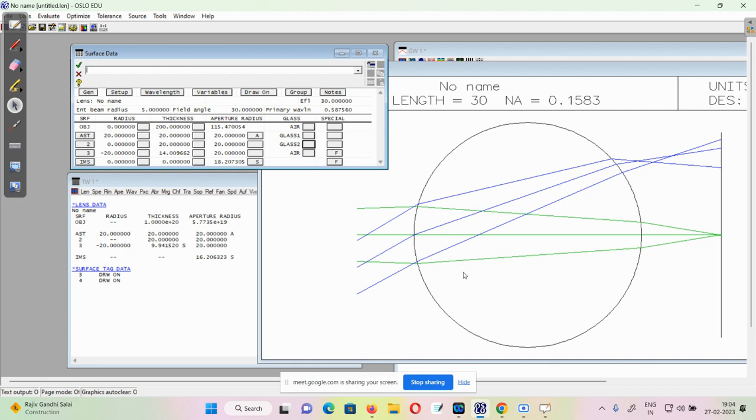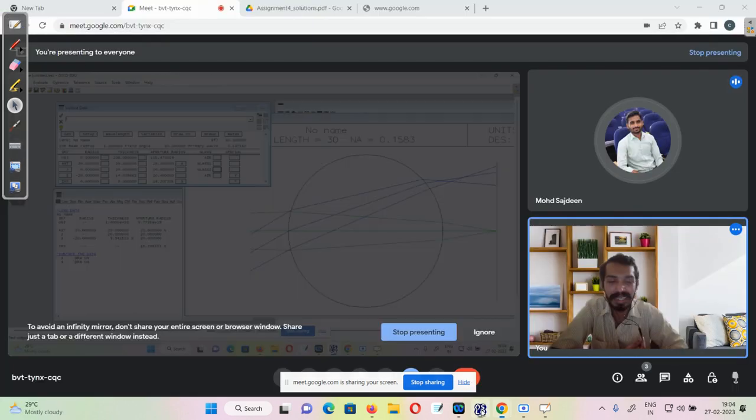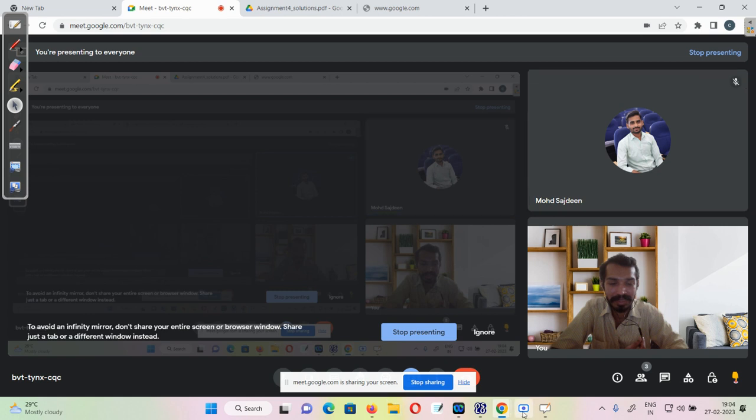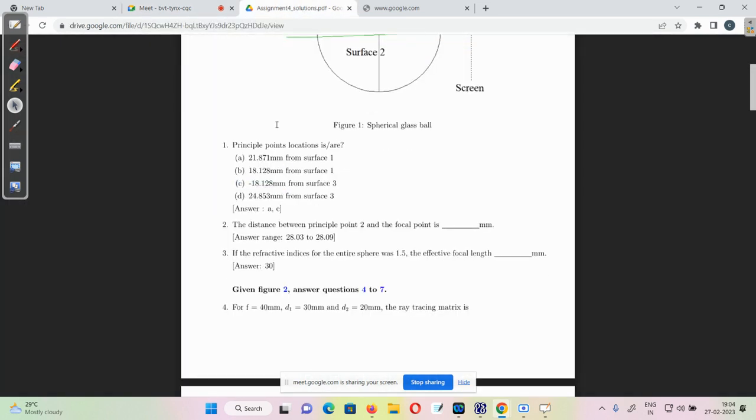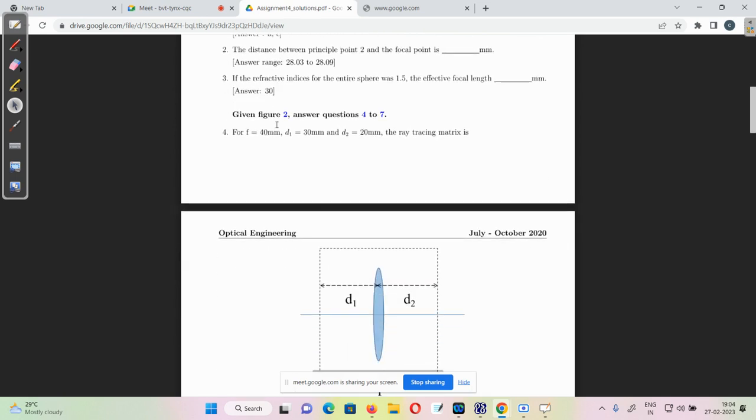Before that also, people were directly taking some particular glass. Okay, so now the three questions are solvable. Now you go for this 47.